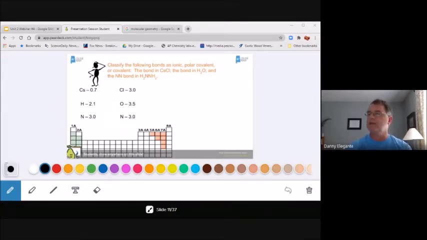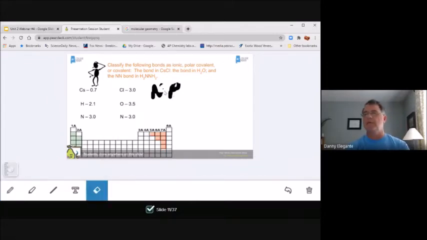I may choose to plug in my bamboo pad so I can actually write something. I may choose nonpolar here, and so I would write nonpolar. That's what I'm looking for you to do. Go ahead and write polar, nonpolar, or ionic, or you can just write NP, P, or I if you want to.